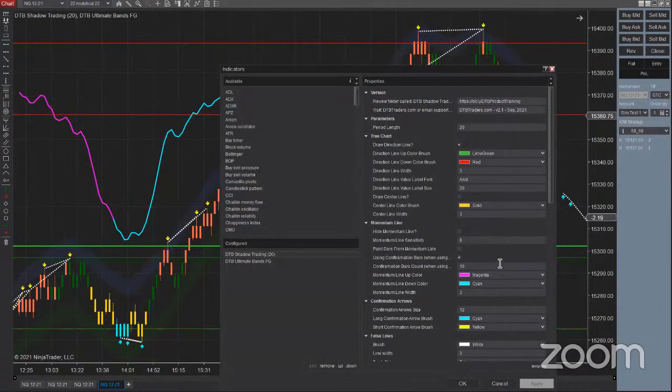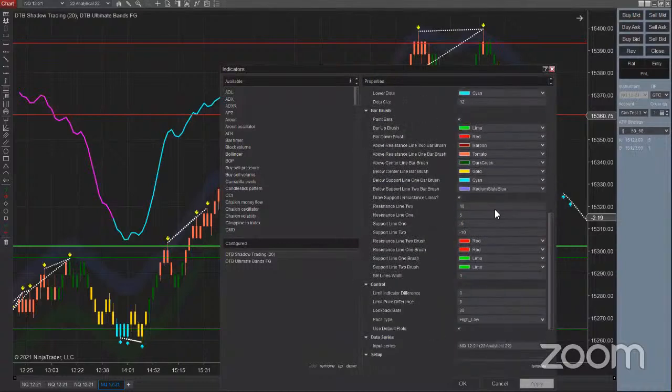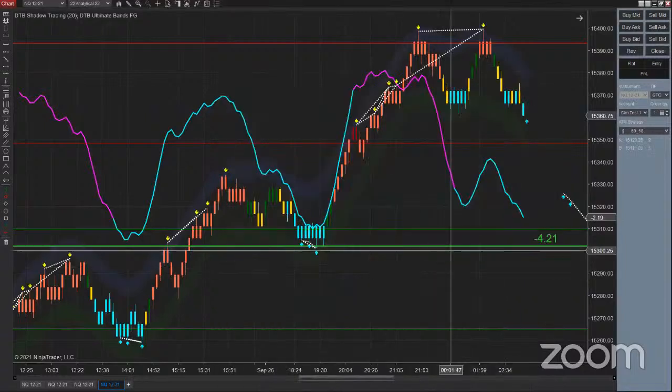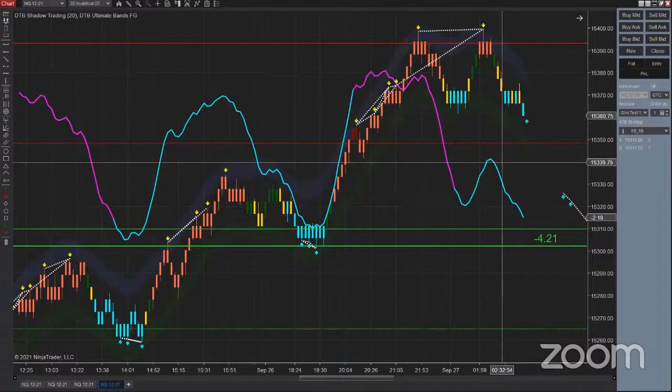So the shadow trading, we've got -5. So let's say even if you make this a 3, so -3, +3. Those support and resistance lines are drawing a lot closer to the 0 line.